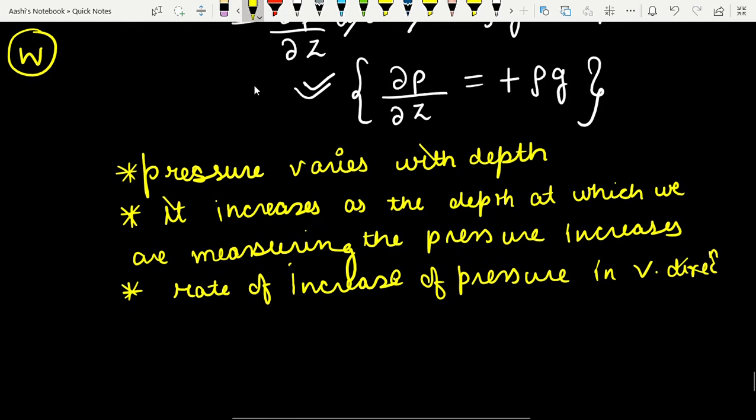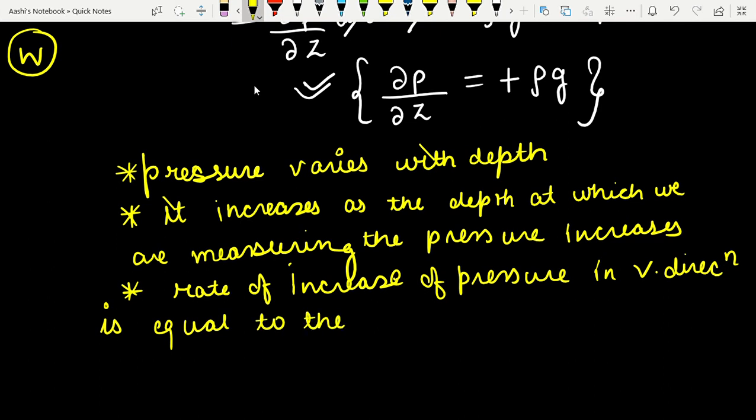The rate of increase of pressure in vertical direction is nothing but equal to the unit weight of fluid at that point.